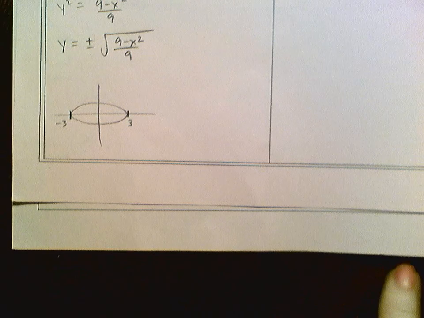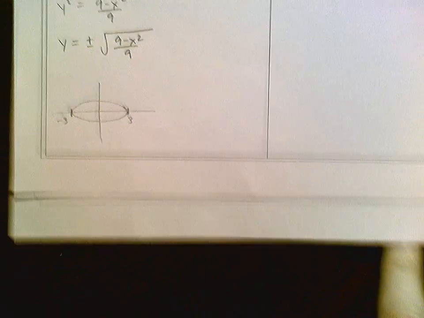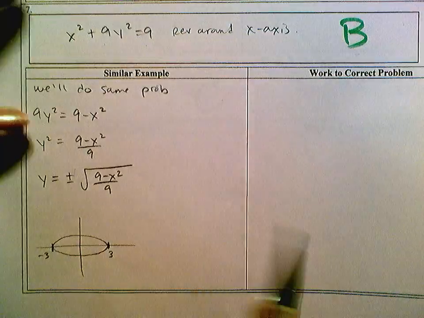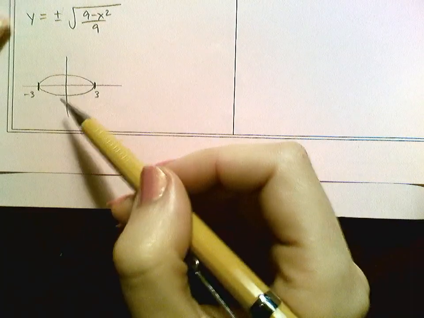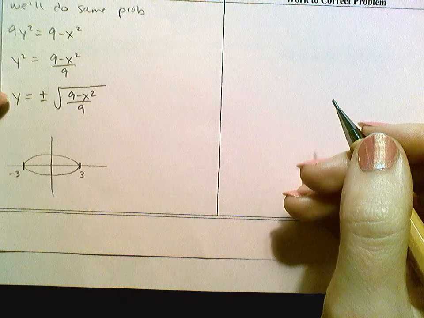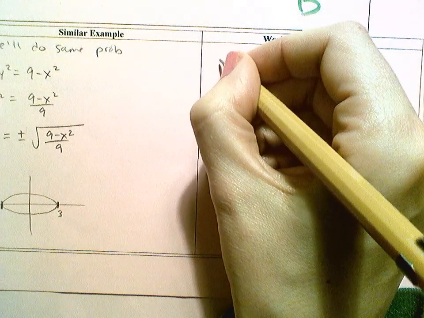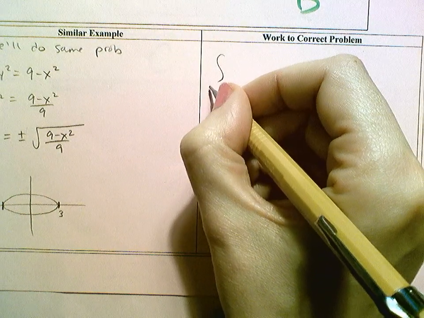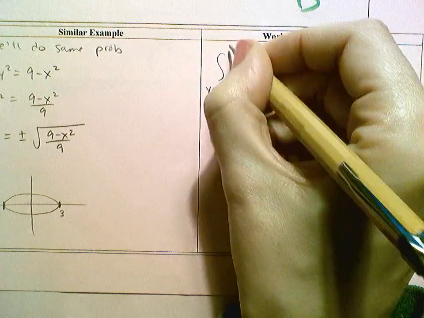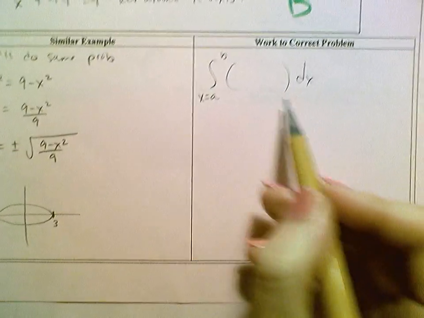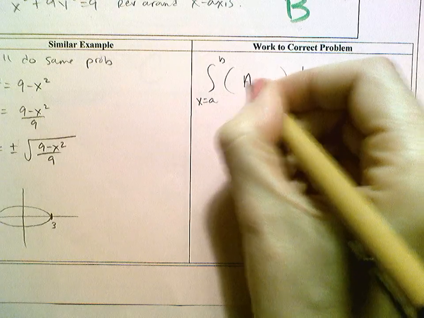Now we want to revolve around the x-axis, and we're going to get the volume of the solid. So you need to know, since we're revolving around the x-axis, we're going to use this volume formula. I don't know if I used this with you before, but we're going to be using this. So x equals a to b, and in here goes the area.